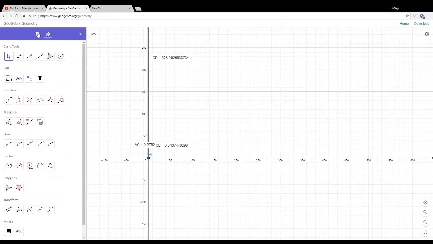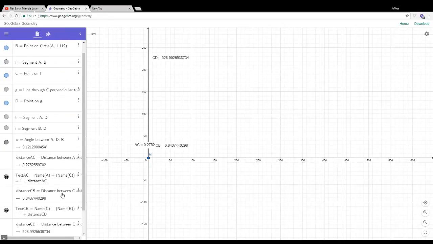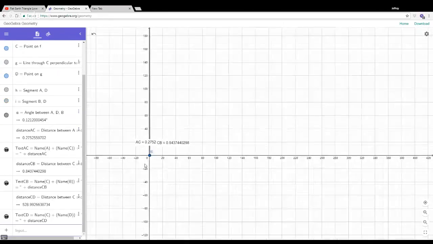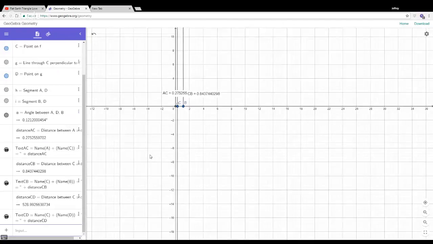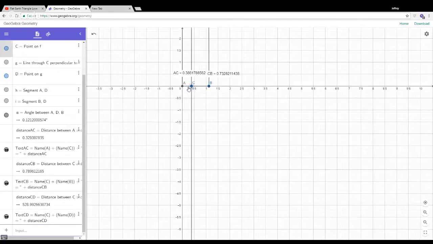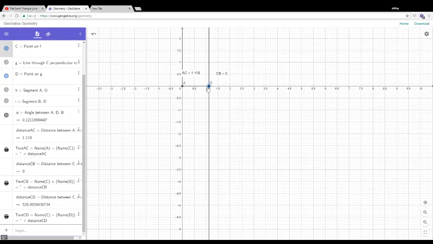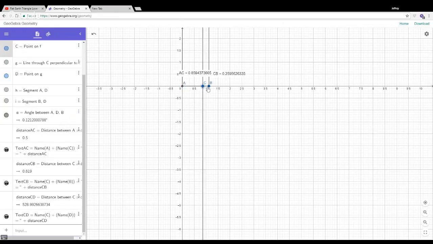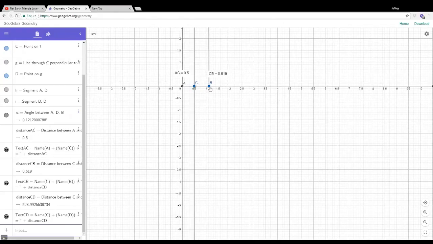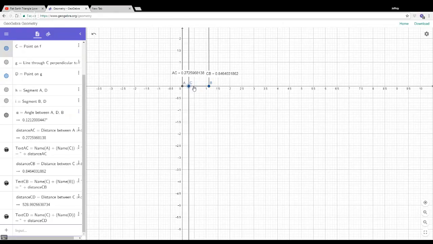It's 528.9926. There it is, right down there. So if I zoom in, see how that distance doesn't change, 528.99266? It's because the altitude of this triangle doesn't change no matter where the baseline is, so long as the baseline moves along the same line, the altitude of this triangle will never change.